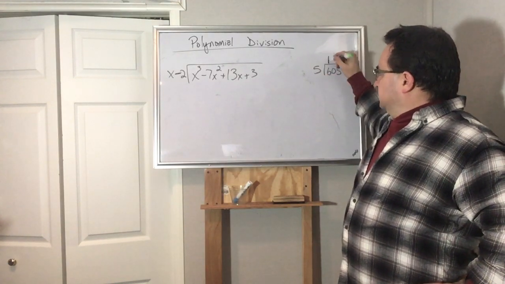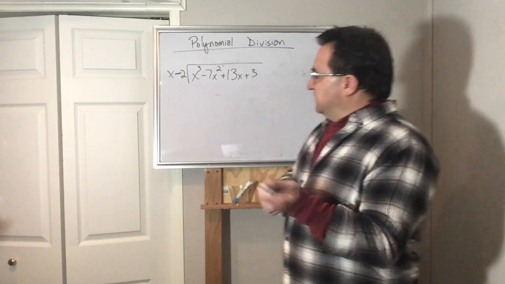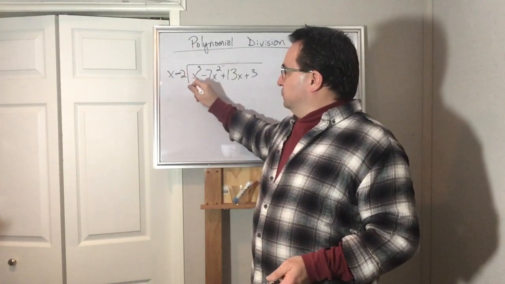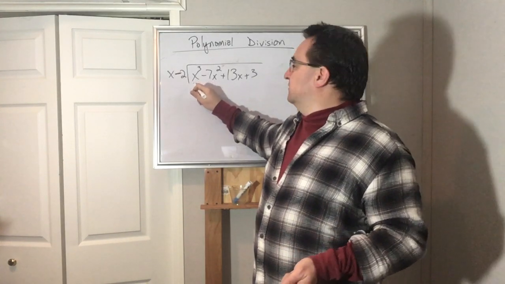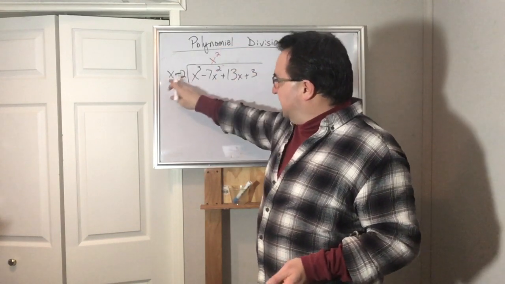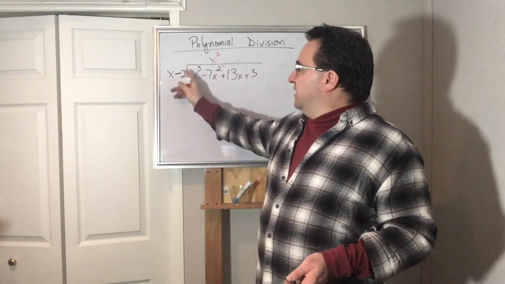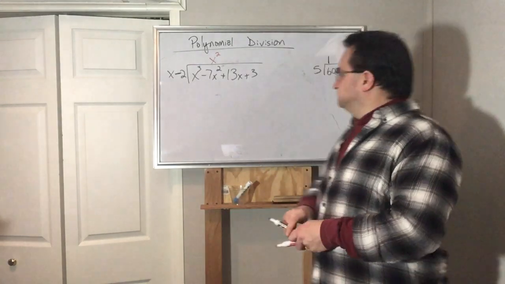And we'd say once. Now the way that feels over here is I go, this times what would give me x cubed? And the answer is x squared. So I'm going to write x squared up top because x times x squared is x cubed. I'm kind of ignoring that minus 2 for now. It'll come into play in a minute.